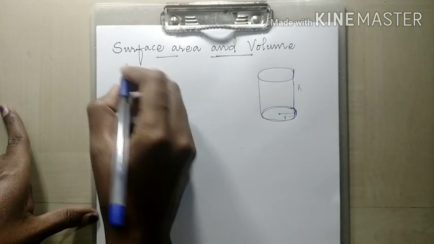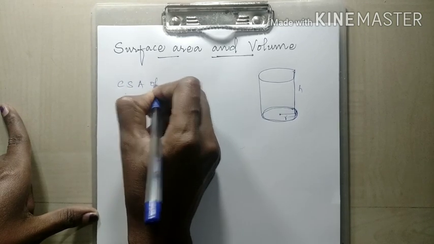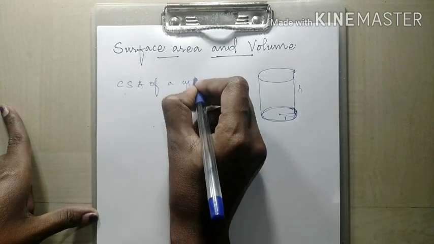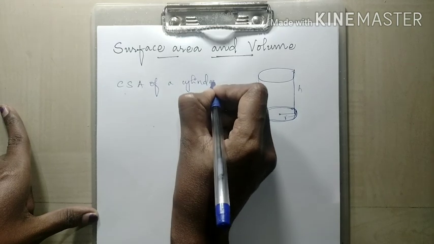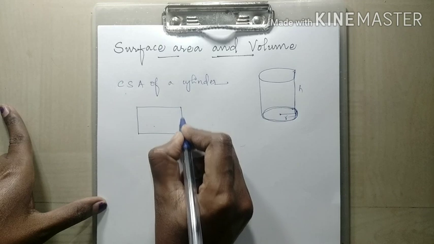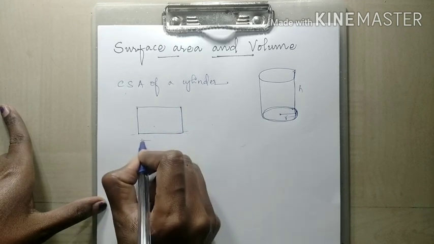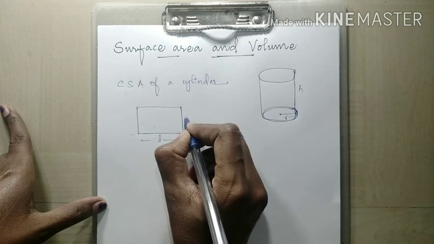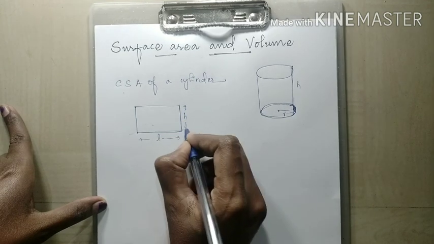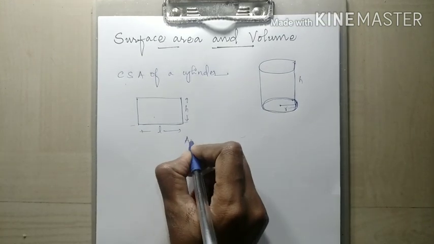Now we'll write the CSA of a cylinder, the curved surface area of a cylinder. We have a rectangular sheet. This is the length and the breadth part is nothing but the height. So what is the area of a rectangle?